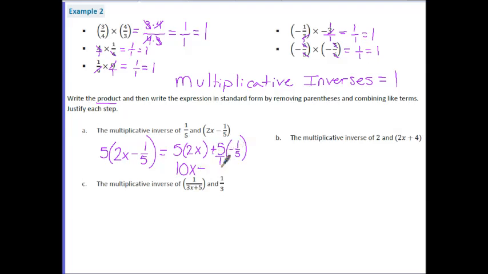And here I can actually turn the 5 into a fraction by making it over 1. And we can see that these are multiplicative inverses. So that is going to give us 1. So again, justifying each step, we basically did the distributive property here. And here we used multiplicative inverse.